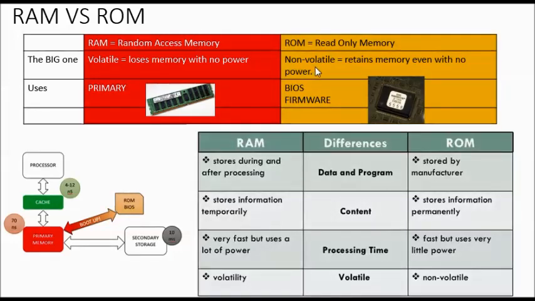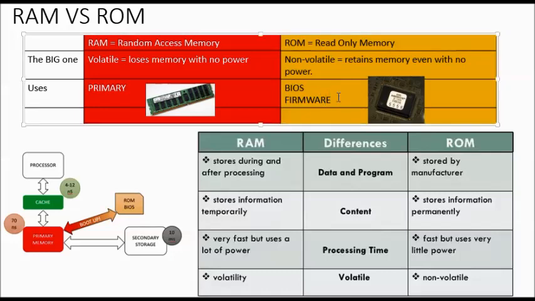This type of electronic technology can retain the memory values that have been written to it even in the absence of electric power. So we say that ROM is non-volatile. The typical applications of ROMs are for BIOSes, basic input-output systems, and firmware, which are programs burnt onto an actual ROM chip that the CPU will execute.